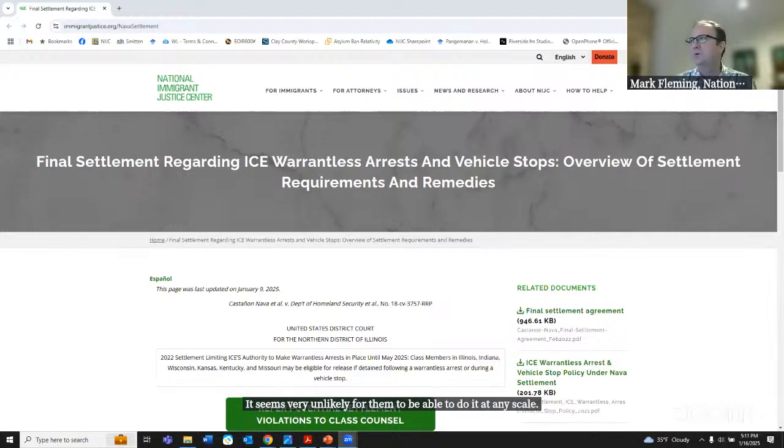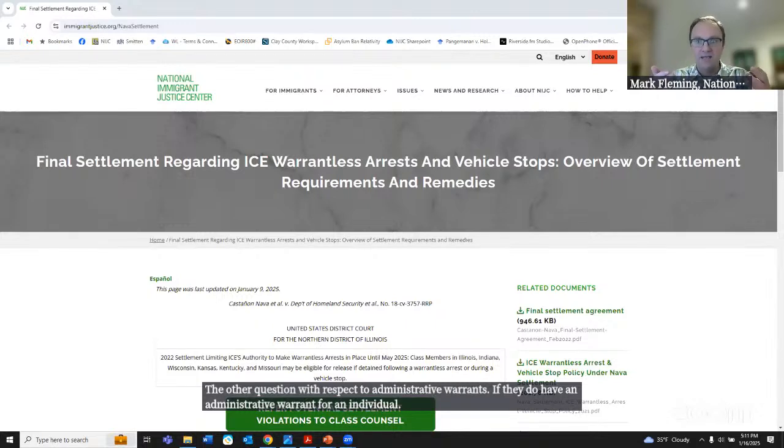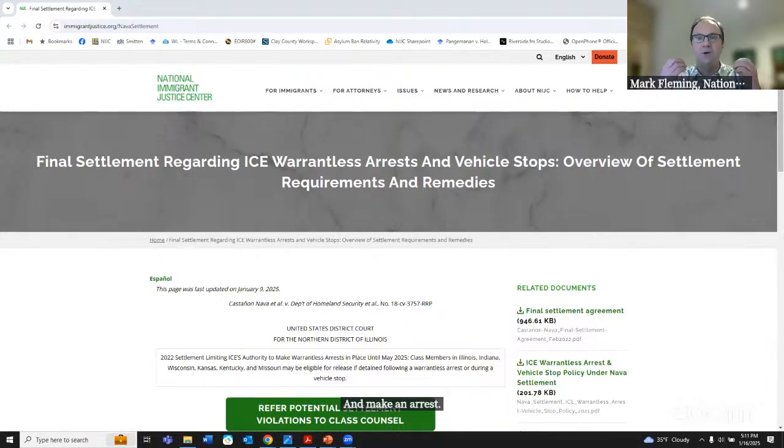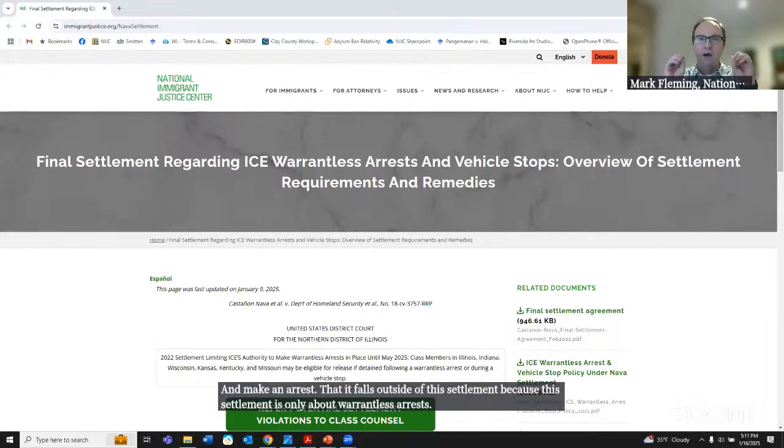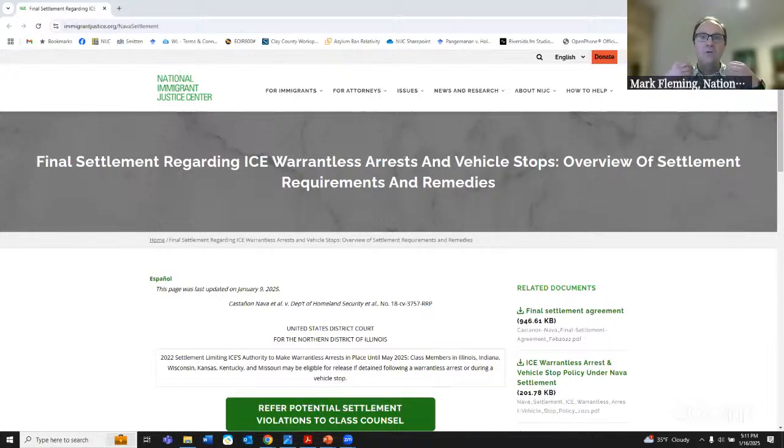The other question is about administrative warrants. If they do have an administrative warrant for an individual and make an arrest, it falls outside of this settlement, because this settlement is only about warrantless arrests. They are lawfully able to make those arrests in certain locations, mainly public locations.